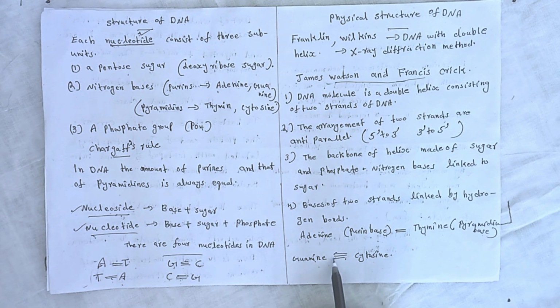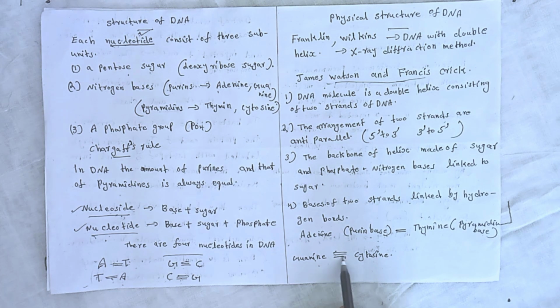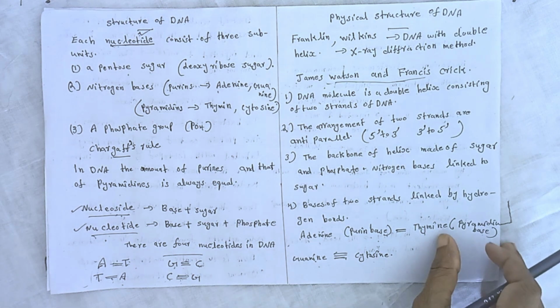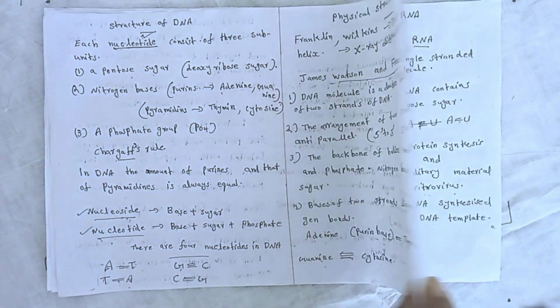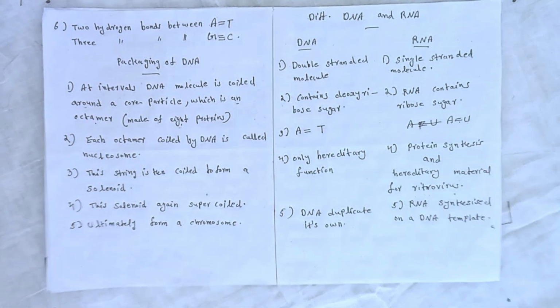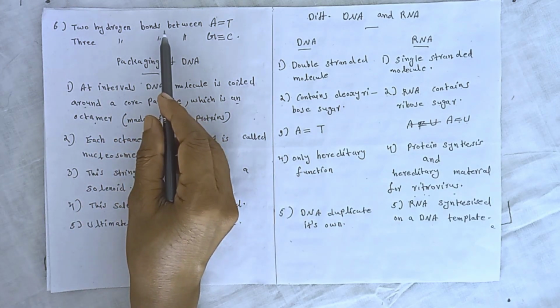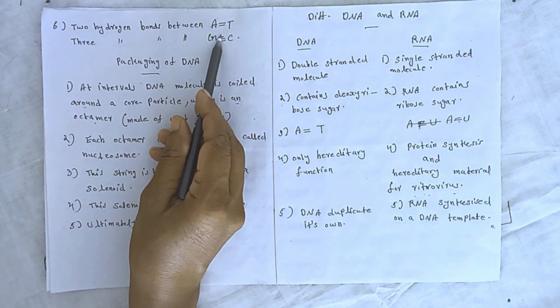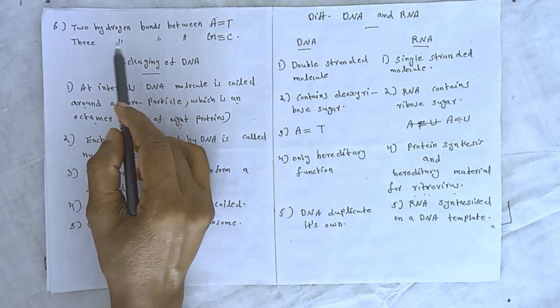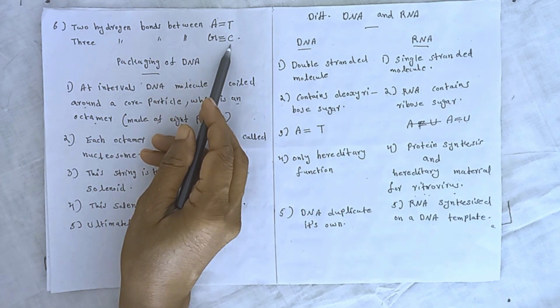Here we can see the triple bond of hydrogen. There are 2 hydrogen bonds between adenine and thymine and 3 hydrogen bonds between guanine and cytosine.